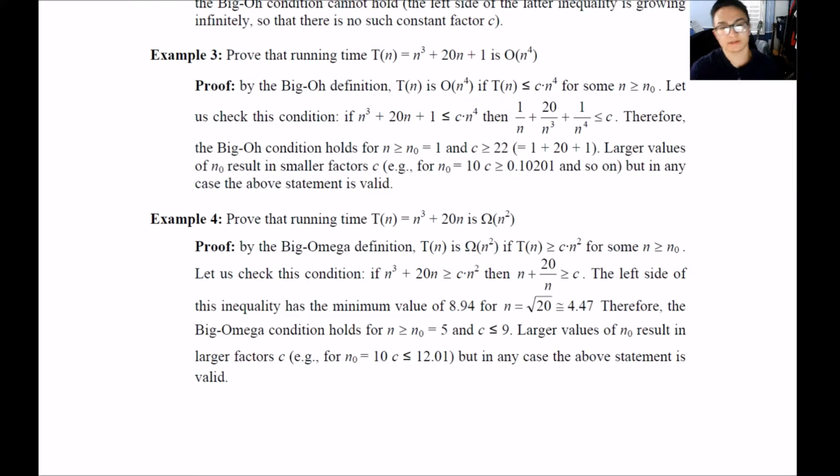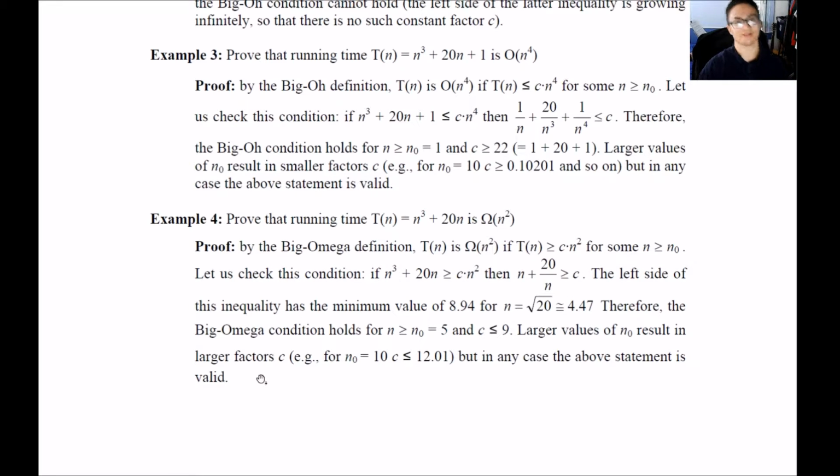So assuming that you're using big omega, you plug in T of n is greater than or equal to c times n squared, because this is what you're solving for, right? And when you solve for this, assuming that as n changes, the statement stays true just like all the other ones. Wow, this took me a while to understand. Assuming the inequality stays true, this is a valid statement.